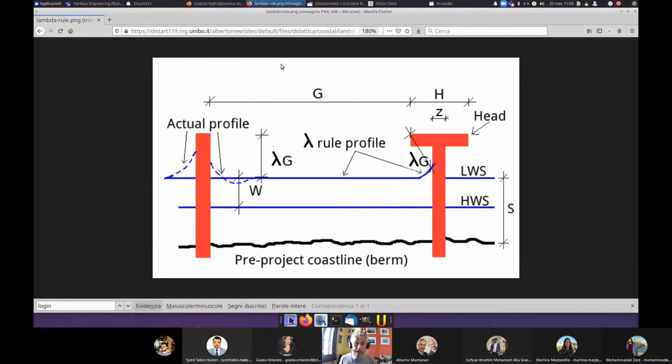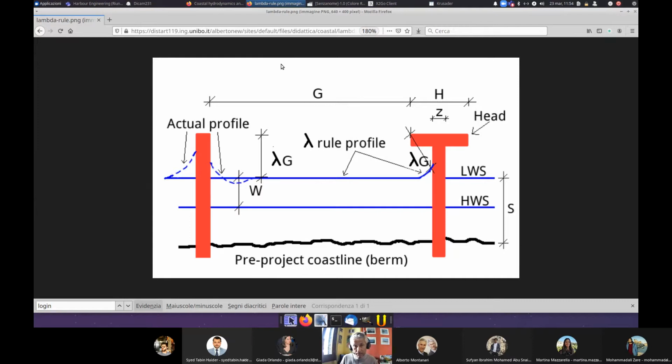Here, I have also indicated the distance W between the low water shoreline and the high water shoreline, which depends on the slope of the beach. And this low water level and high water level are to be determined by analyzing tides, analyzing waves. And of course, the gentler the slope of the beach, the larger W, okay?